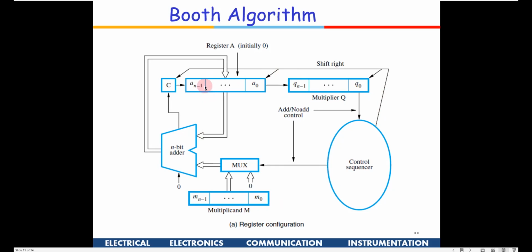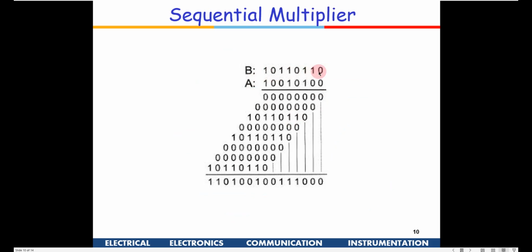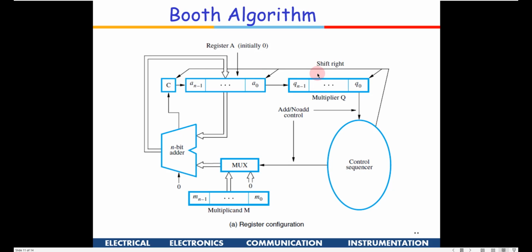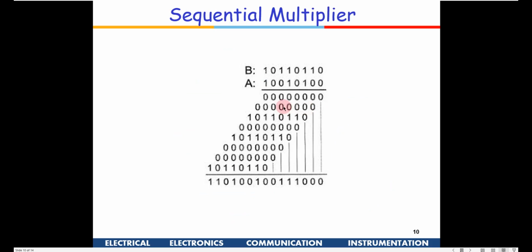I put the initial data in this, and these are all going to be 0 initially. So what I want to multiply, one set of data here, this B, which I am going to multiply, no, sorry, this is the A.